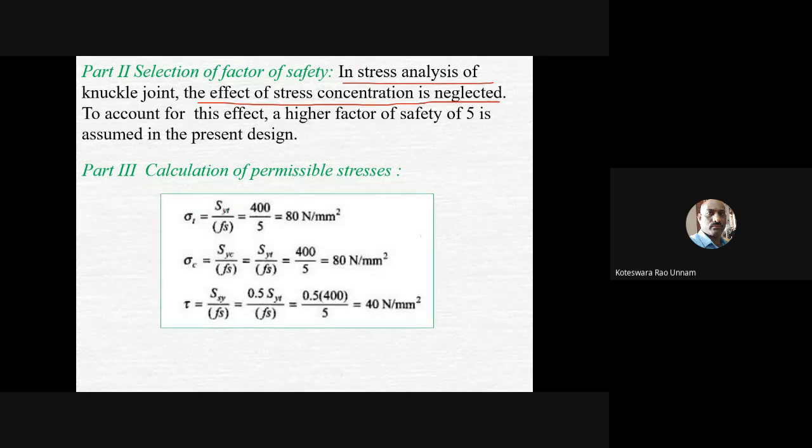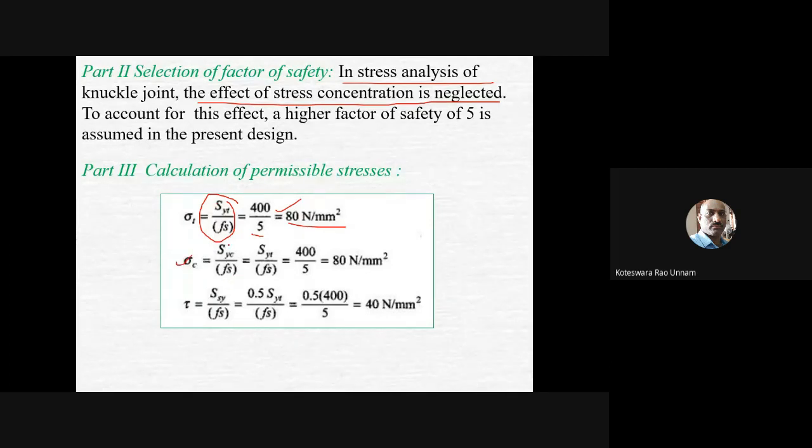Then comes the calculation of permissible stresses, that is sigma T, sigma C and tau. Sigma T is SYT by Fs. SYT for 30C8 is 400 MPa, divided by the factor of safety 5, which comes out as 80 MPa. Then sigma C is SYC by Fs.